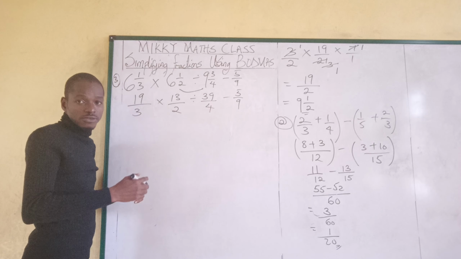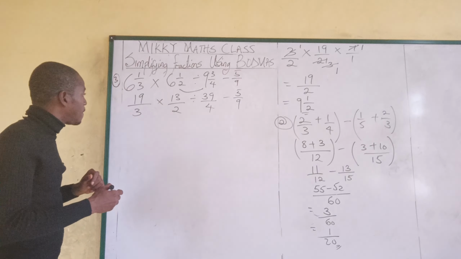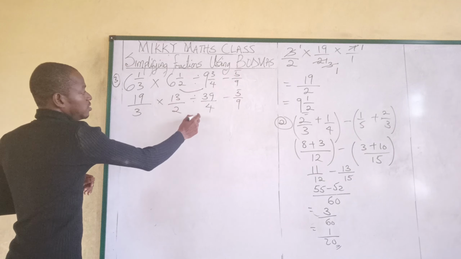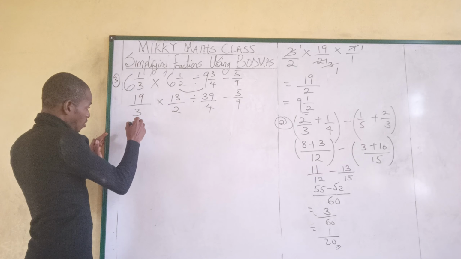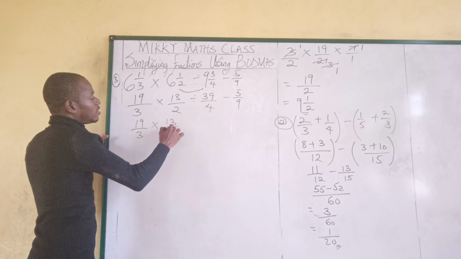This is a proper fraction, so you cannot convert it. Now, let's divide here. So this becomes 19 over 3 times 13 over 2.